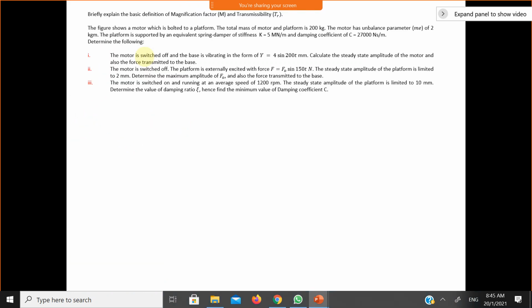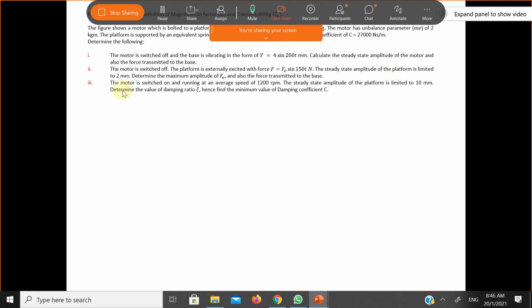Alright, so the steady state amplitude of the platform is limited to 2 millimeter. So we are given SSS 2 millimeter. So determine the maximum amplitude of F naught and also the force transmitted to the base.